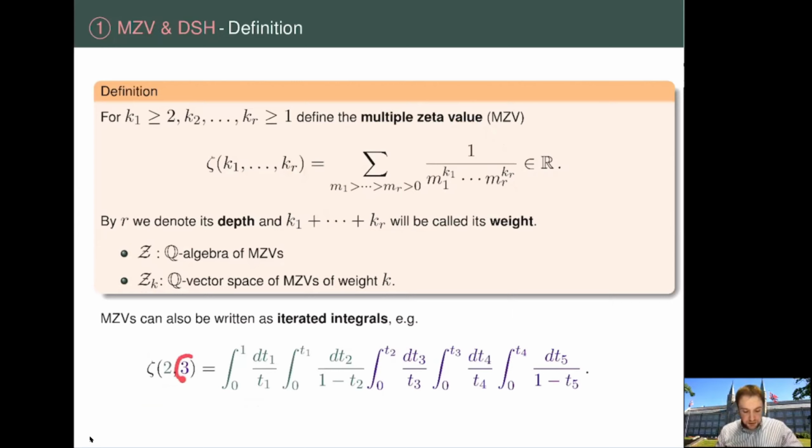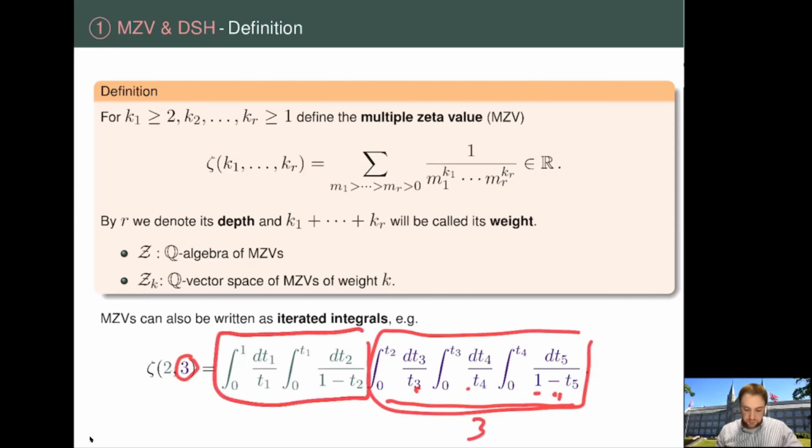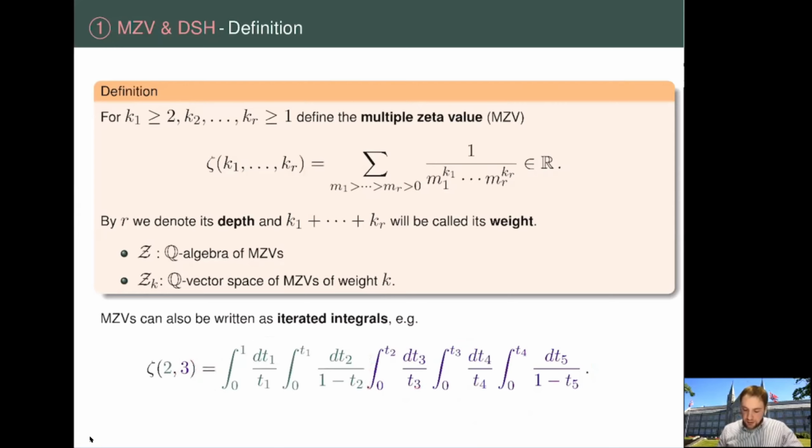And you see for each index, I have some block starting with dt over t and then ending with dt over 1 minus t. So this here corresponds to the index 3, and this here corresponds to the index 2. To go from there to there, you just expand this as a geometric series, and then you will see that this is actually true.